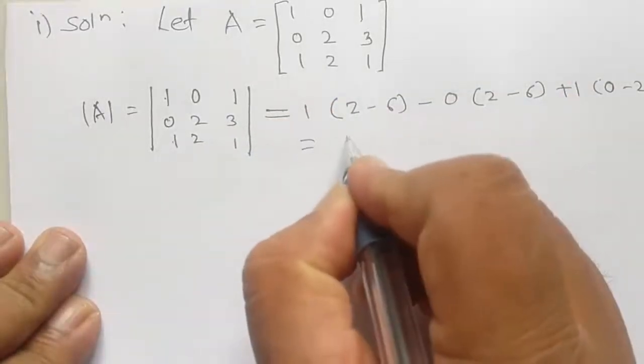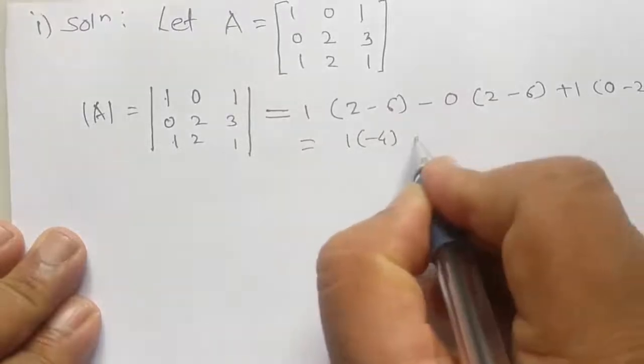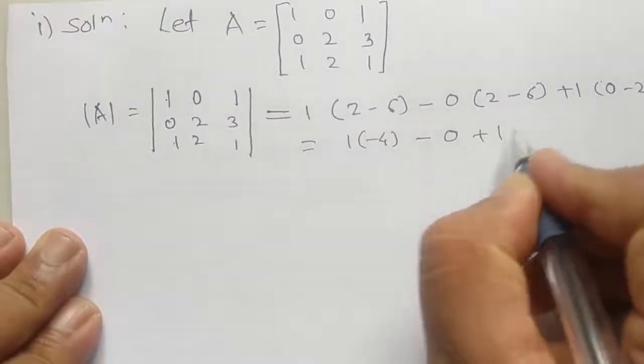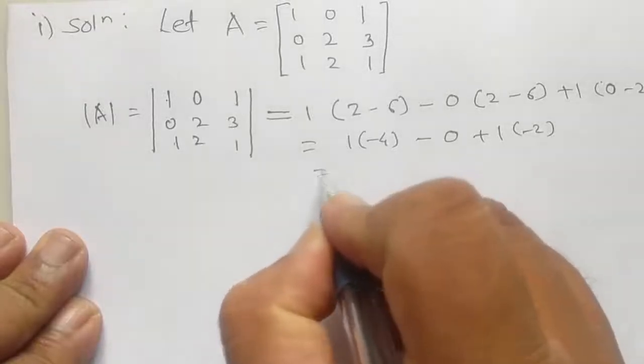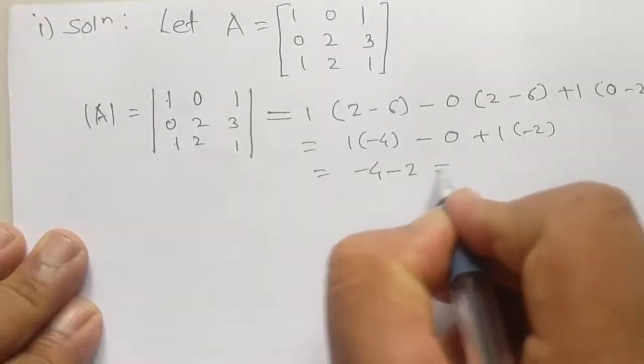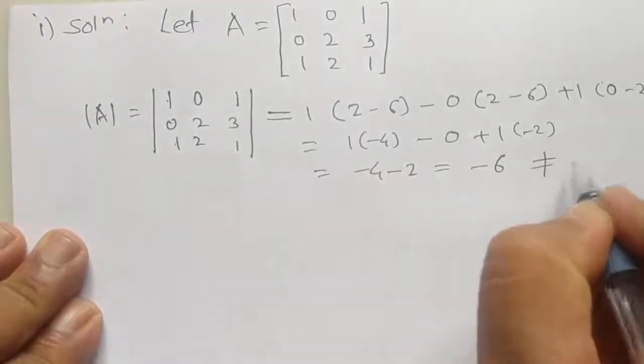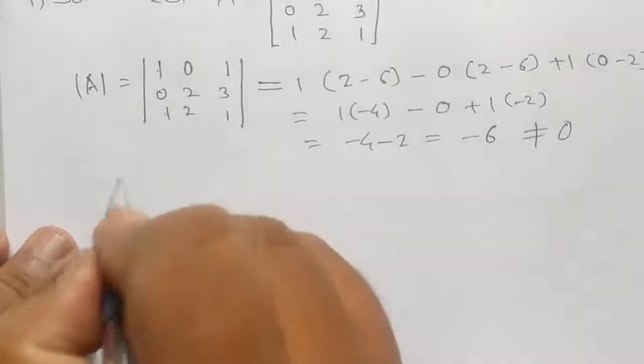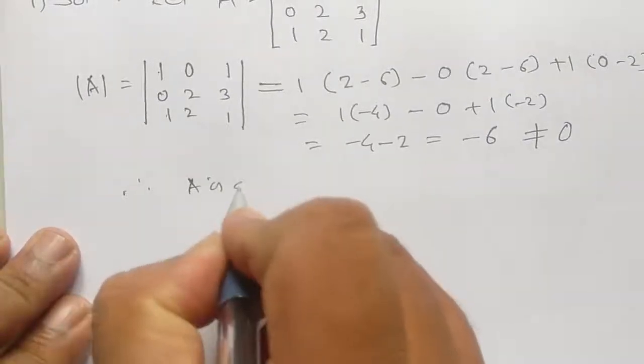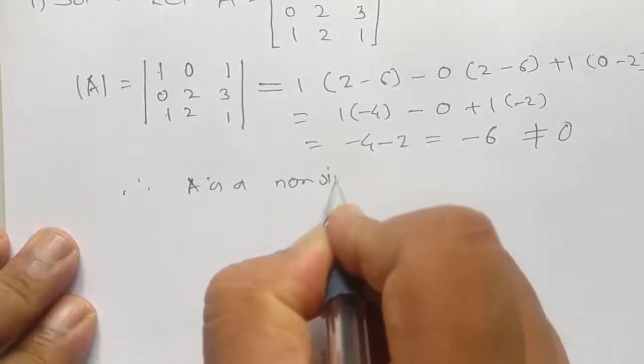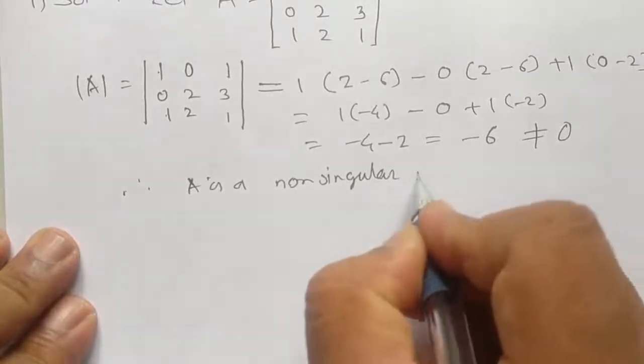It is equal to 1 into (2 minus 6) minus 0 plus (0 minus 2), which is equal to minus 4 minus 2, equal to minus 6, which is not equal to 0. Therefore, A is a non-singular matrix.